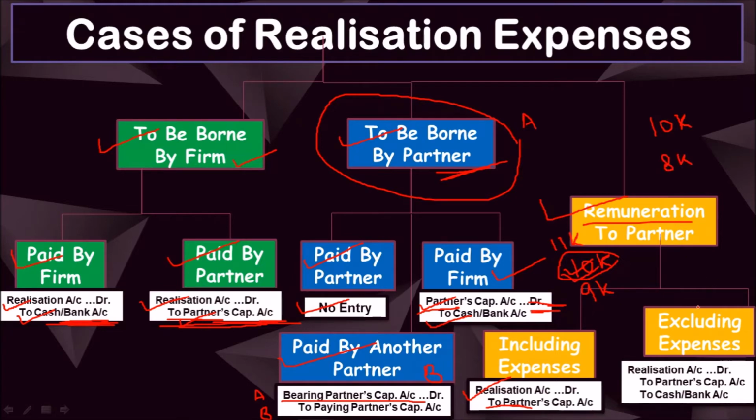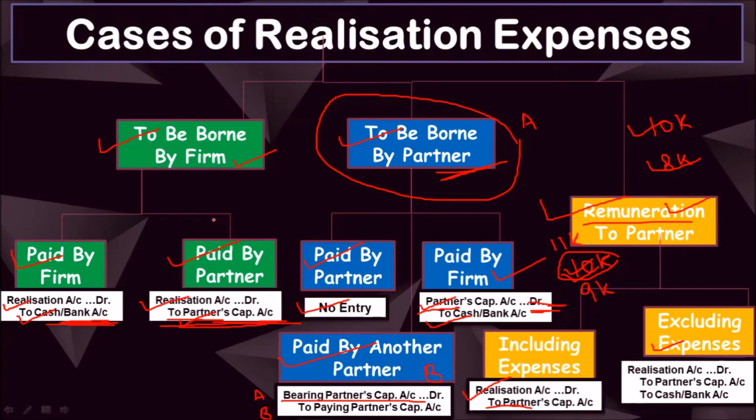This remuneration did not include the expenses, so in that case we will pass two entries, one for remuneration with 10,000 and another for expenses with 8,000. The first entry is the same one, realization account debit to partners capital account with 10,000, and the second entry is realization account debit to cash or bank account.